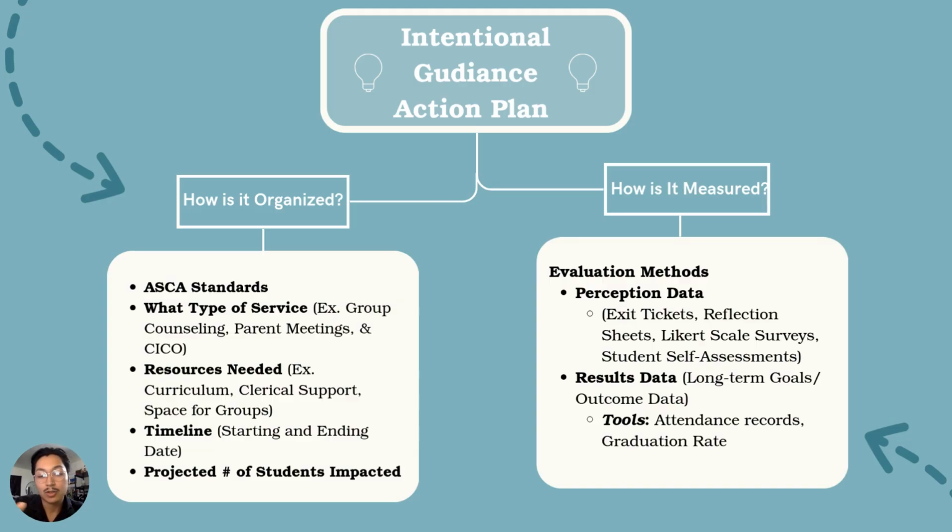But for example, if we're doing a small group, like when I did my group in elementary, I did exit tickets and self-assessments so that I was aware of what the students were learning, how they felt after each group and what they were reflecting on, just so I know that they were really taking and digesting the information and the group process that was going on. So those are great ways to pull out data points about how they're perceiving the groups and the interventions, and then of course the results data, what we want to look at and what we want to share with admin, and the bigger goal, right?